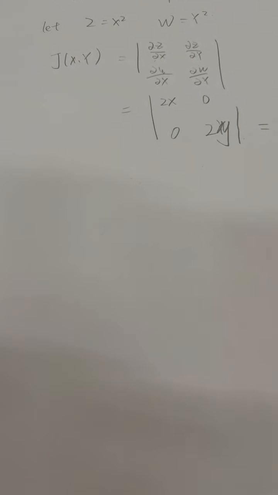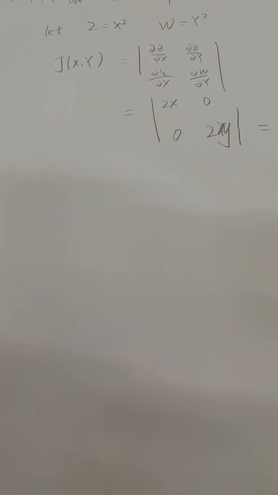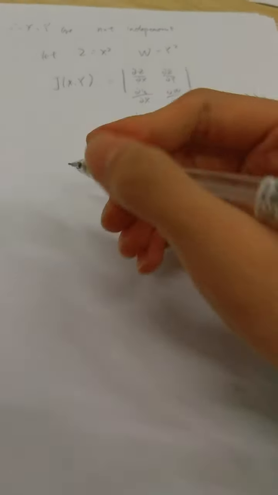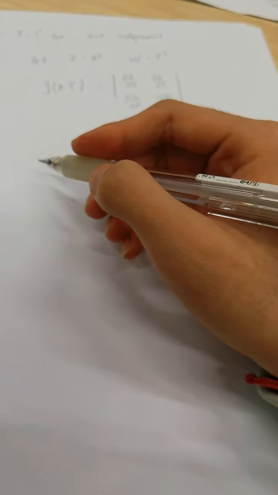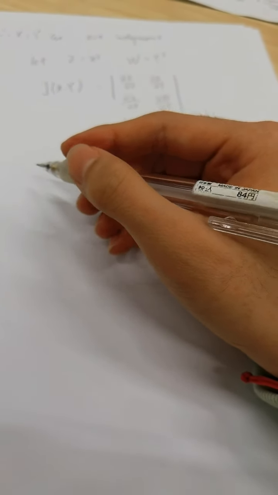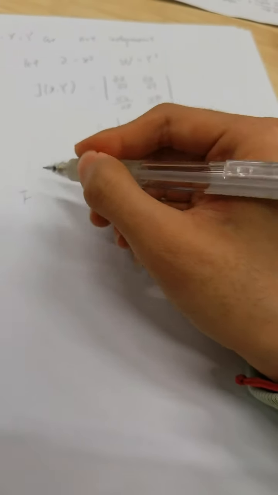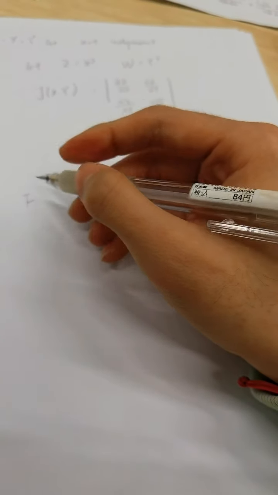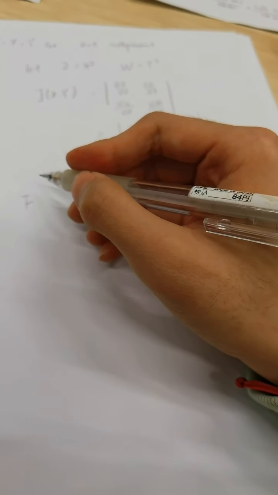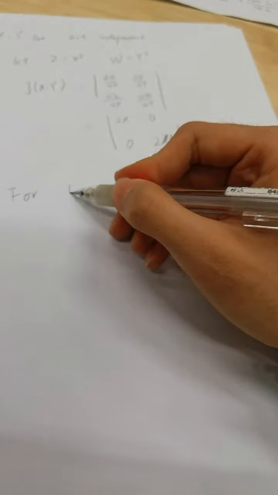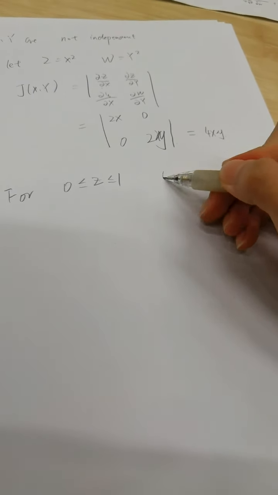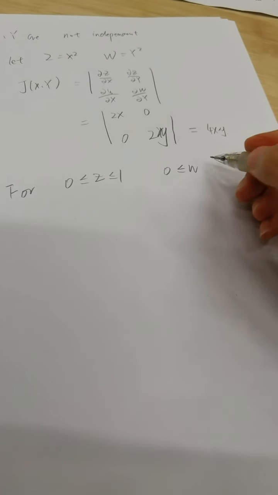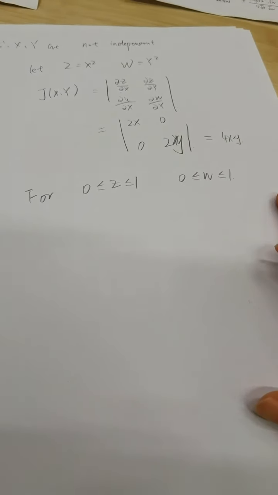Because for this part, we need to calculate the joint density function, we need to give the function some conditions: for Z, which is from 0 to 1, and for W, which is from 0 to 1 also.